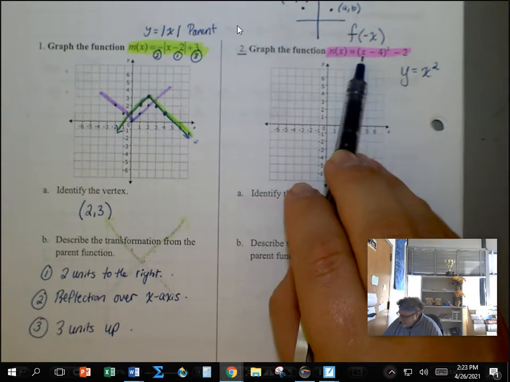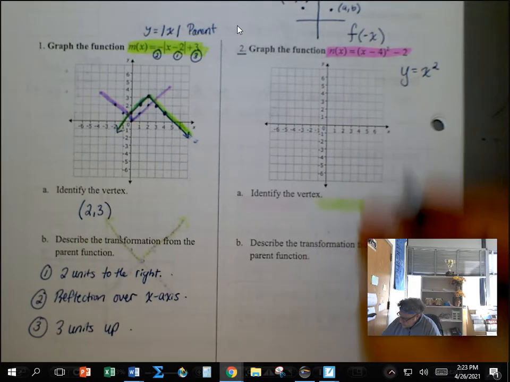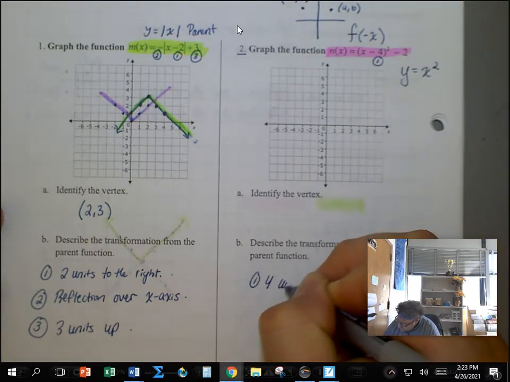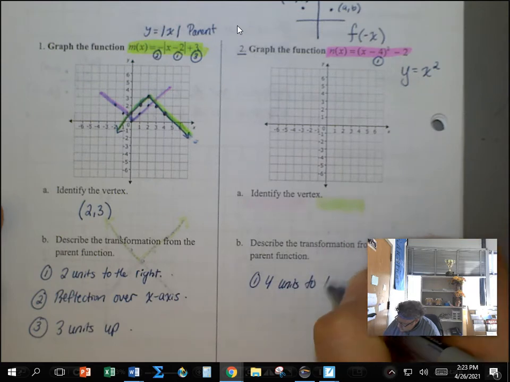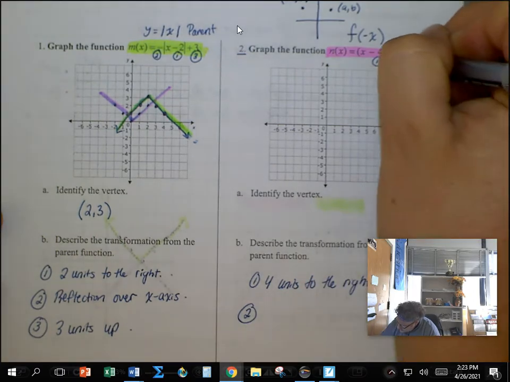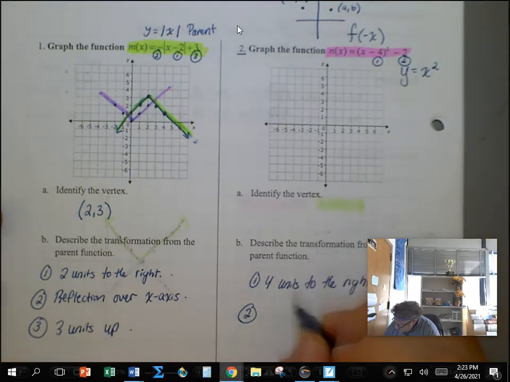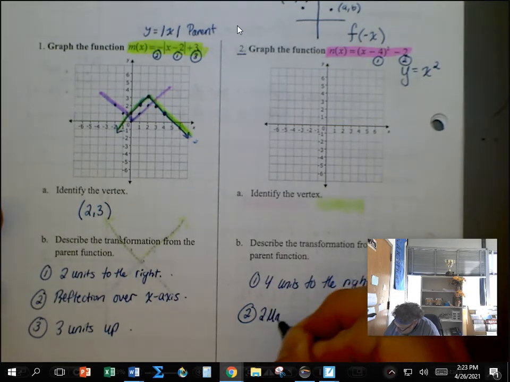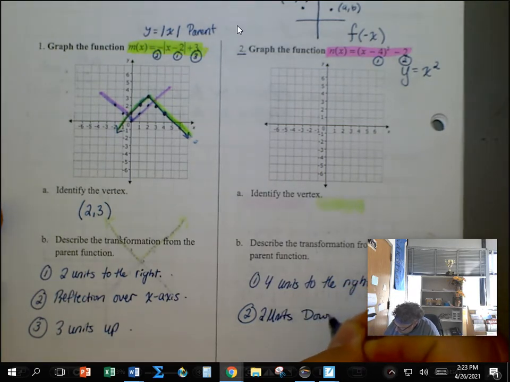No negative signs out front or inside. So first one is going to be 4 units to the right. And then the second transformation is going to be this minus 2, and that is going to be 2 units down.